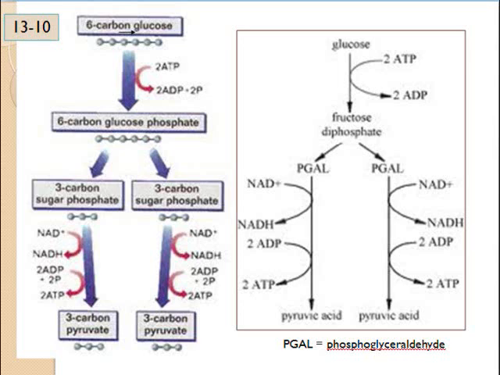If you don't have it, it's going to start fermentation. That's why when the thing first started, I tried to tell y'all that this starts everything. When you're done, you have pyruvate. Now, if you have oxygen, the pyruvate does this. If you don't have oxygen, it does that. But it all starts here.